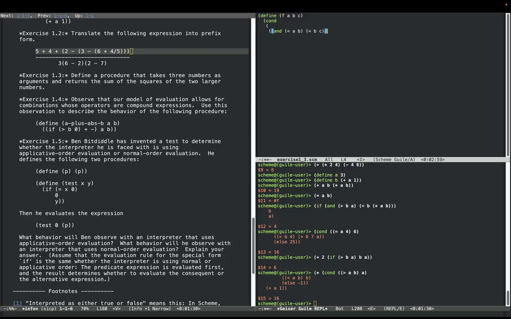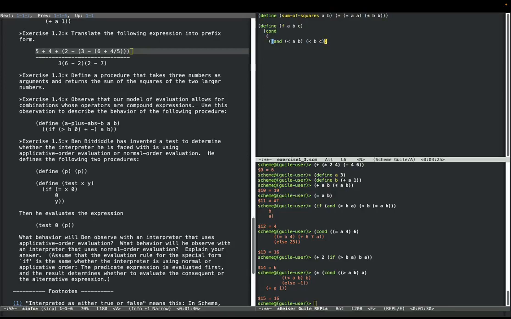Wait, define a procedure that takes 3 numbers as arguments and returns the sum of the squares of the 2 larger numbers. So I think we should first define sum of squares. It does plus A times A and B times B. Okay.